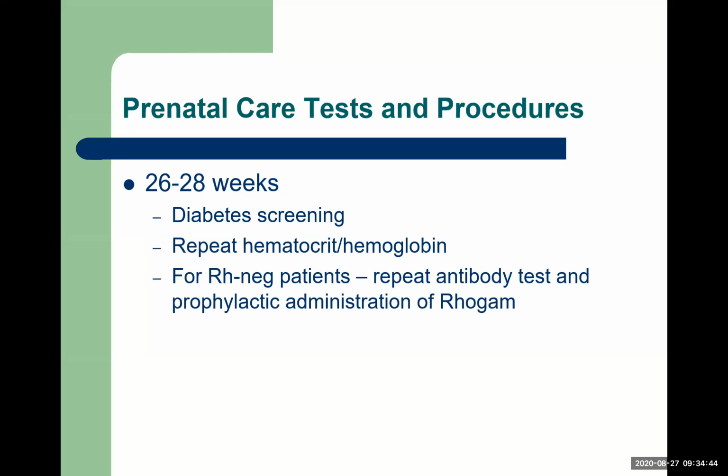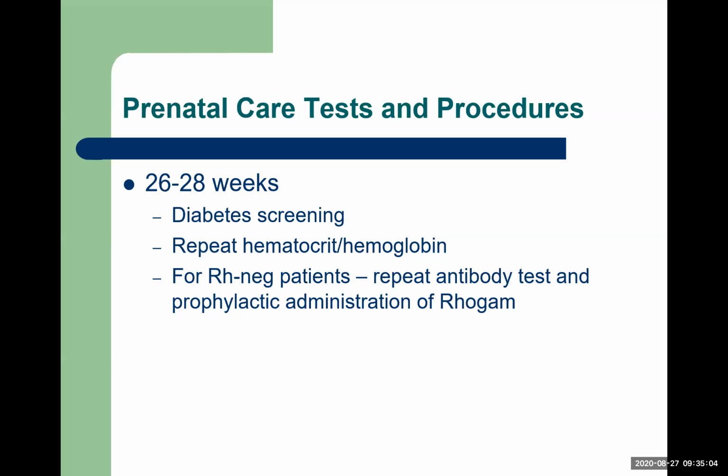Moving along during the pregnancy, when we reach about 24, 26 to 28 weeks, we do our diabetes screening. And this is with the 2-hour GTT here in our institution. We do a repeat CBC, right?